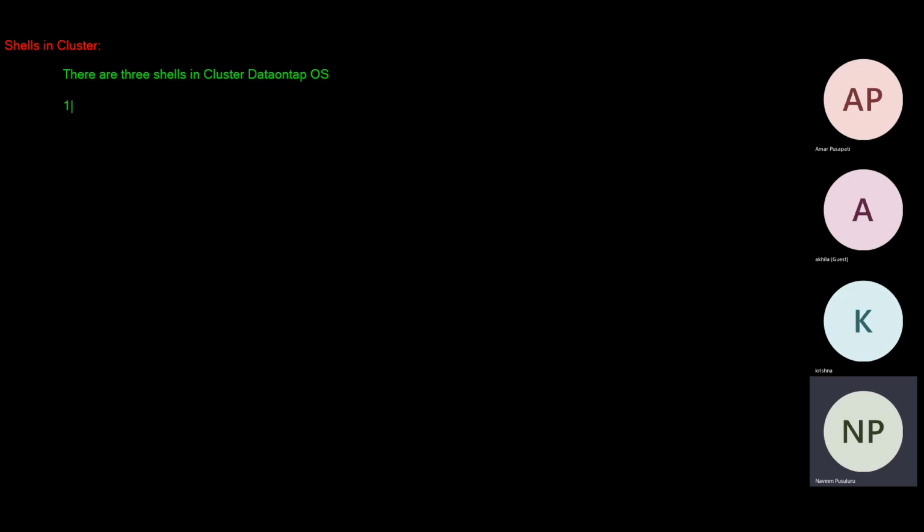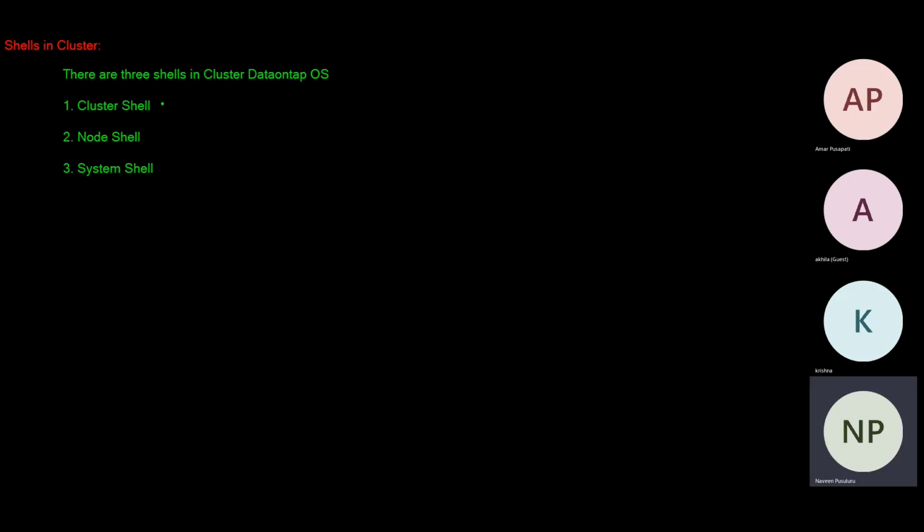Okay. The first one is cluster shell. Second one is node shell. Third one is system shell. Okay. These are the three shells available to us in Data ONTAP.